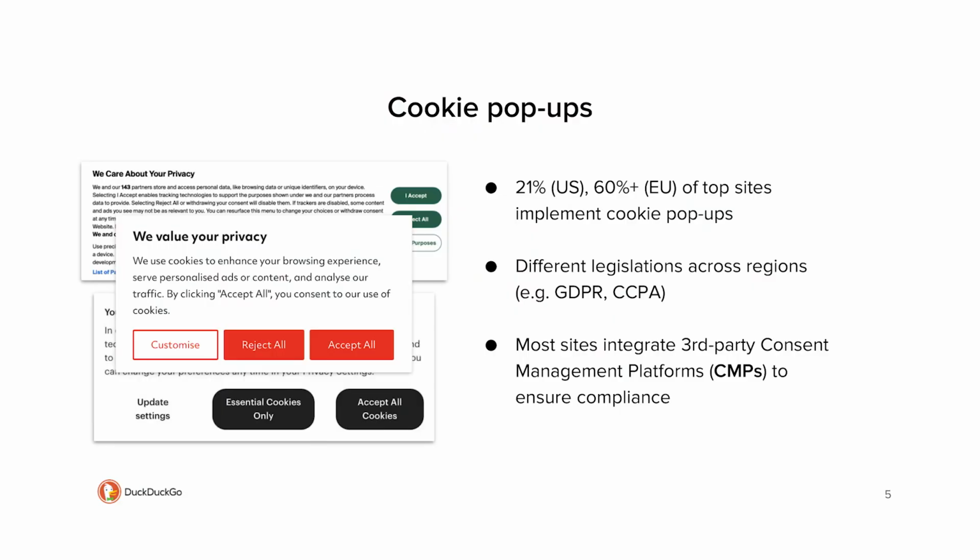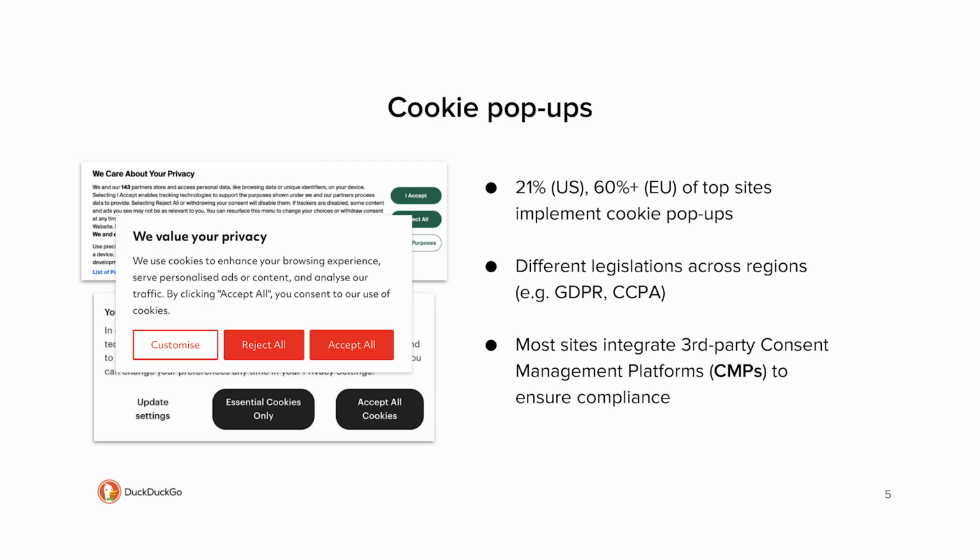But actually, many other countries also have their own data privacy laws, right? And in case of US, for example, it even varies per state. So your experience as a user will be very different depending on where you browse from, even if it's the same site. So this also means that being compliant for websites is actually pretty tricky.